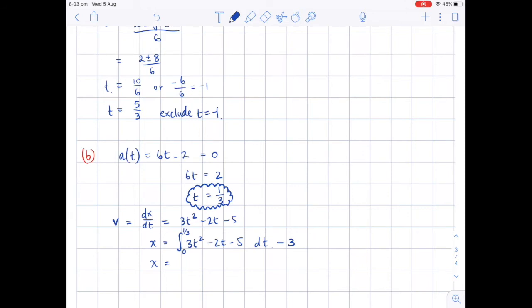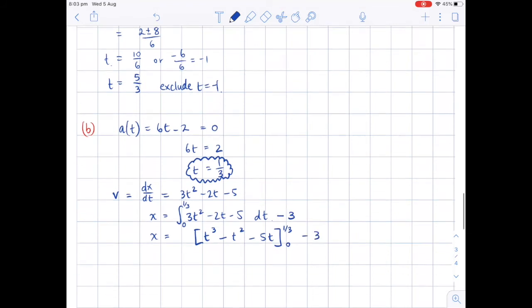Okay, so let's now anti-differentiate, which gives me t cubed minus, not a 2, it's got to be t squared minus 5t between 1/3 and 0, take away 3.